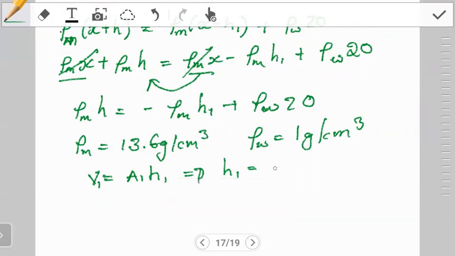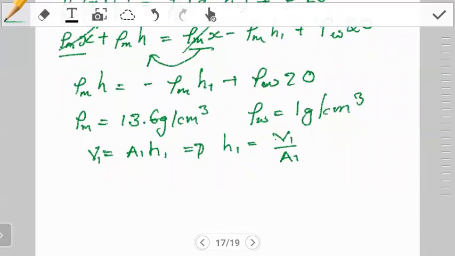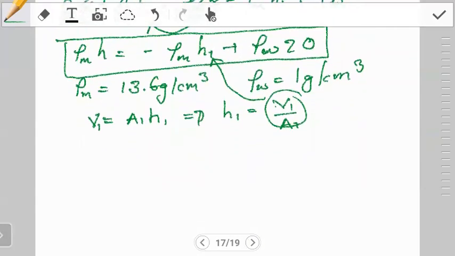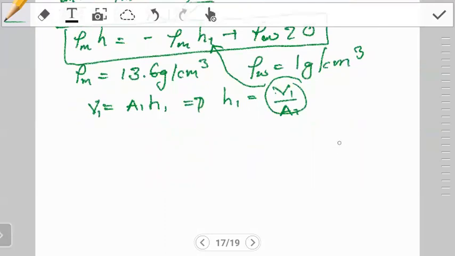So H1 is going to be volume V1 over the cross-sectional area A1. One thing to keep in mind is that I'm going to substitute this expression where I have H1. I'm still going to have a problem with V1 because I don't know what V1 is. But what you should keep in mind is the left arm of our column, let's say if this is what we had.